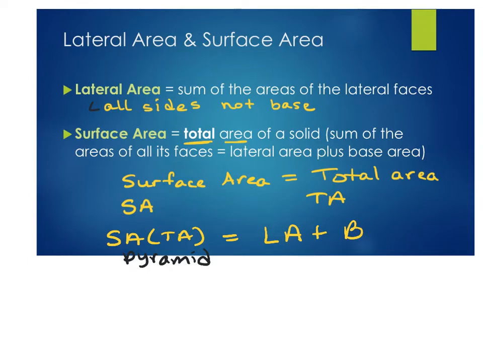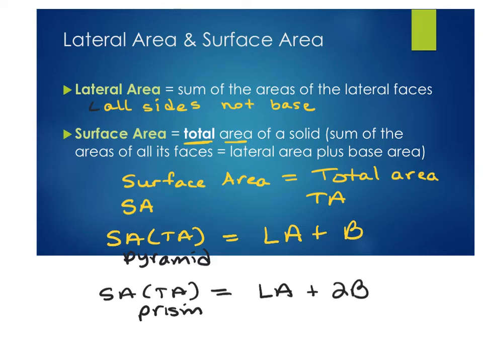When we're talking about the surface area or the total area of a prism, we'll find that by finding the lateral area, and then we'll add that to the two base areas. So this would be the surface area or the total area for a prism.